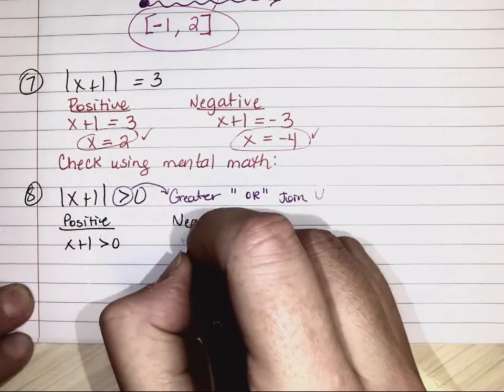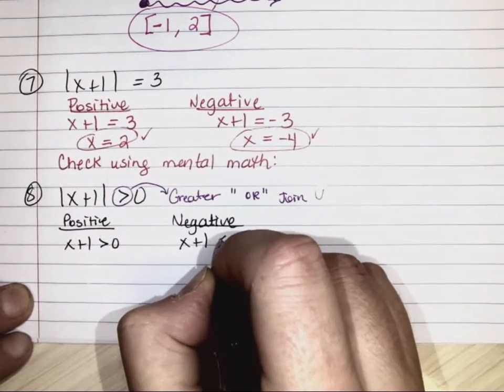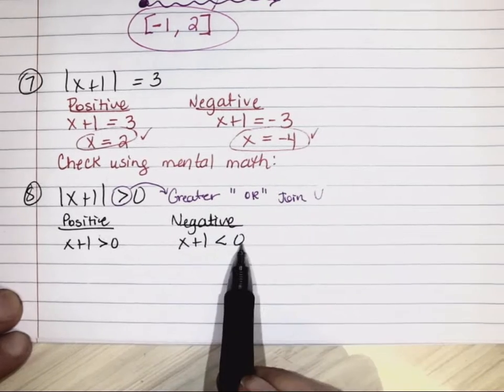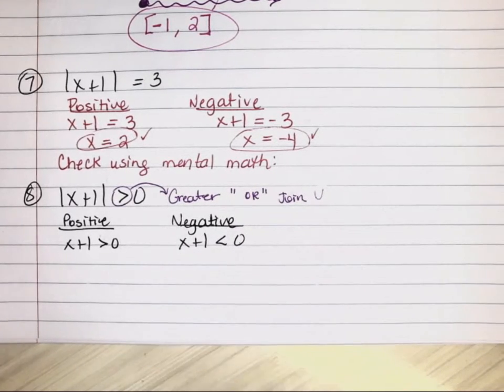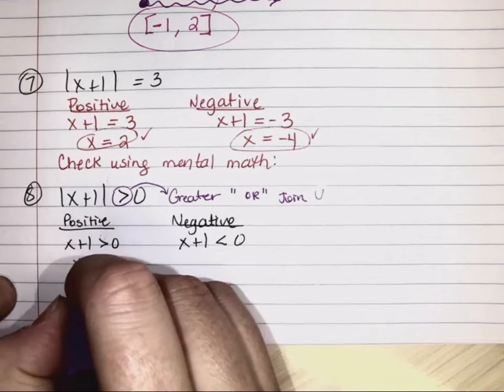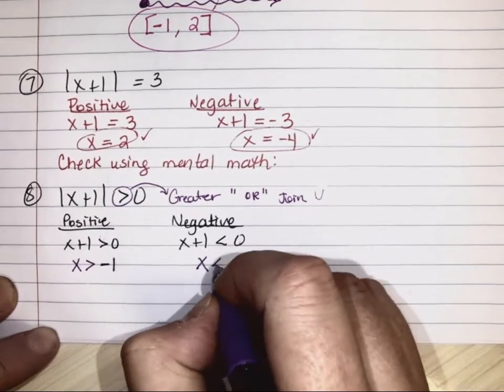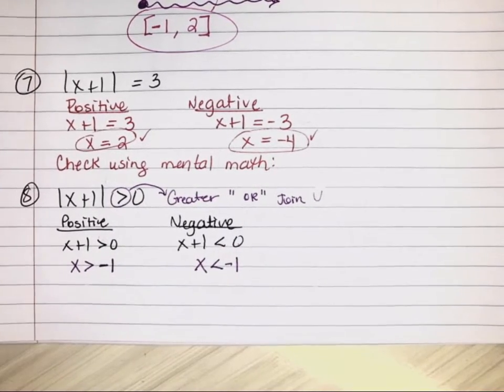For the negative part, remember we're supposed to flip our symbol around, and we're supposed to change that number to negative, but 0 is neither negative nor positive, so it just stays. Solve each inequality, subtract 1, so you have x is greater than -1. Subtract 1 here, you have x is less than -1.